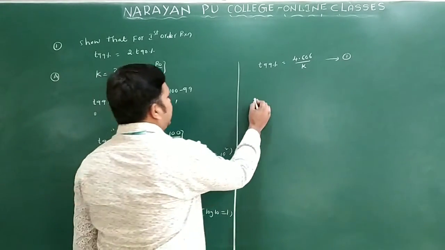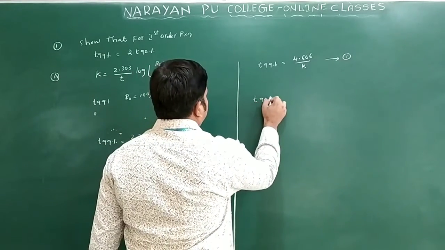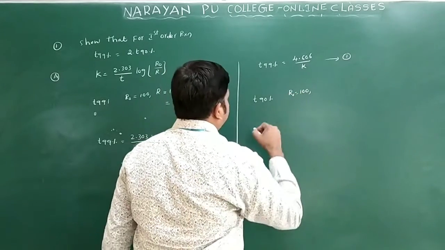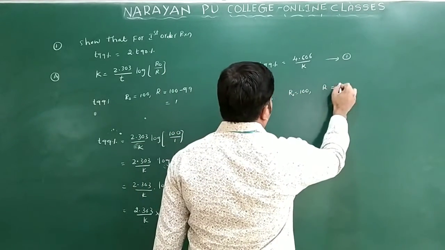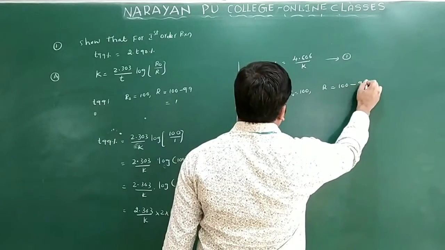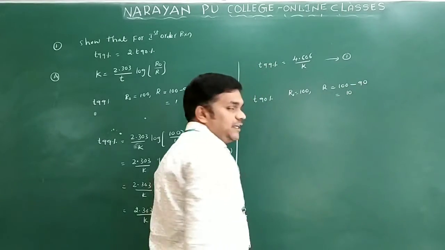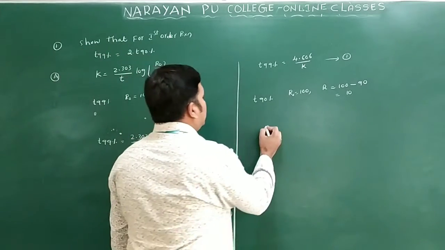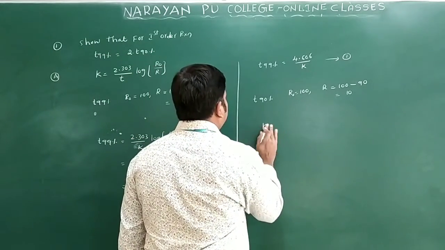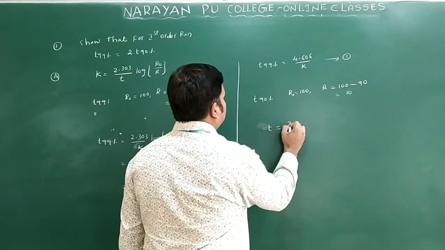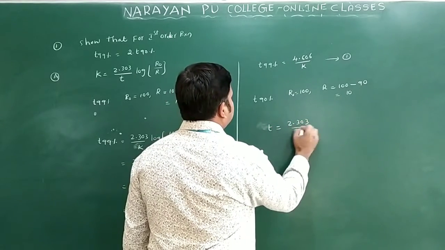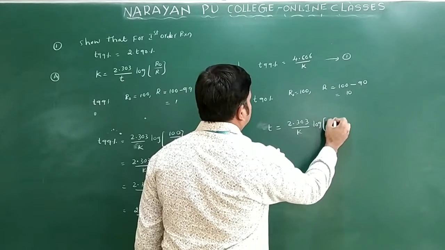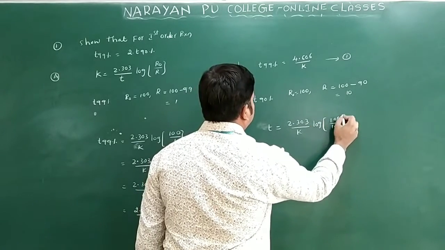90%. Now we take T 90%. So for T 90%, R naught is always 100. R is equal to 100 minus 90, that is equal to 10. Clear? Because this is 90% given. Now substitute in the formula. So T is equal to 2.303 by K into log 100 by 10.